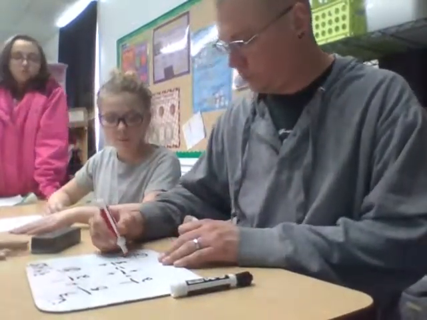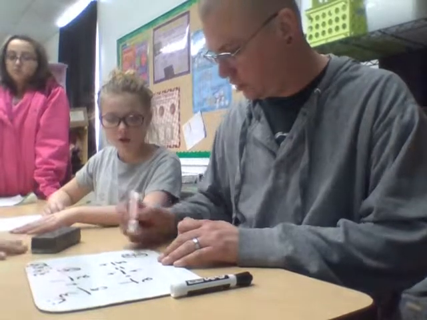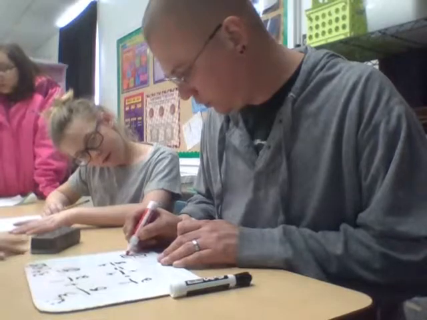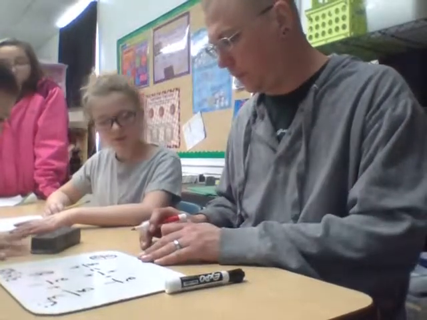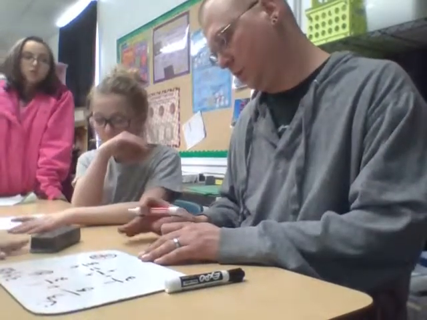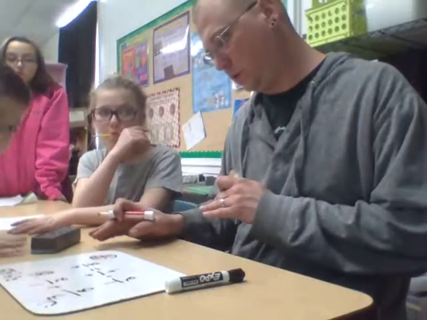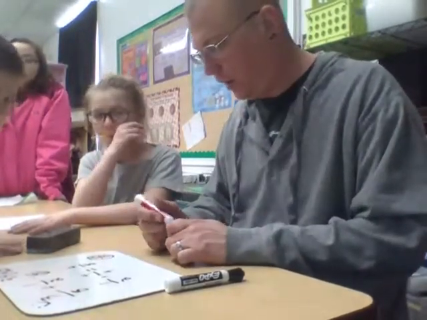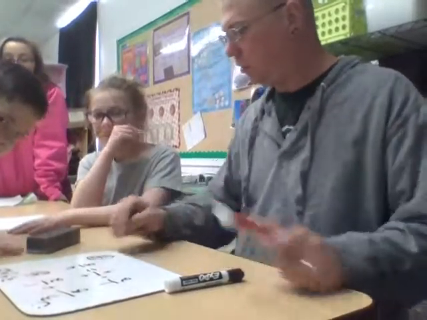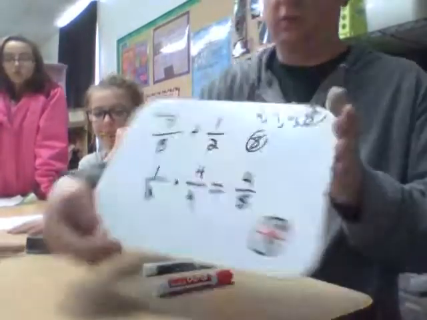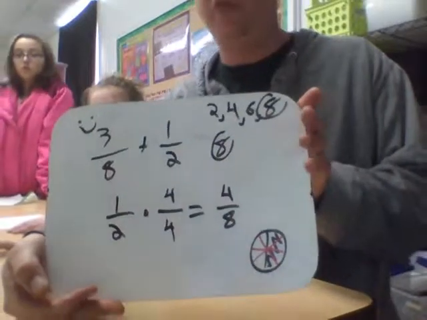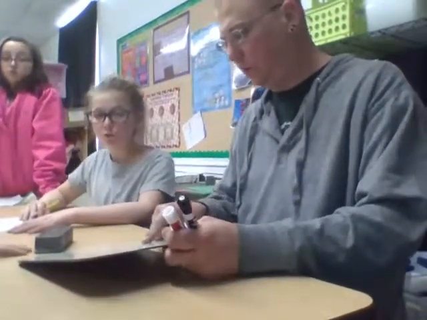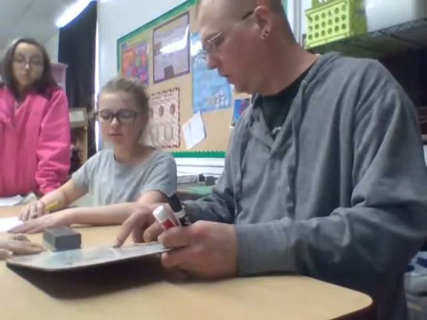One cut, 2 cut, 3 cut, 4. So it's 1, 2, 3, 4 cuts made in this now, right? Do we have 8ths now? Yes. We cut that 1/2 so that each of the 2 pieces would be cut up into 8ths.